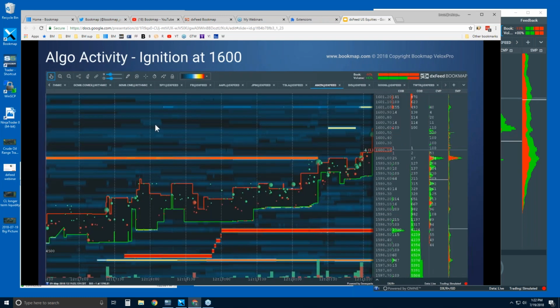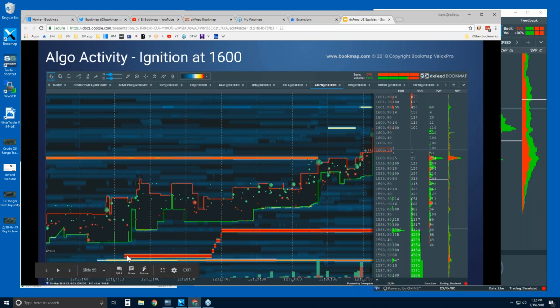Ignition algo. This is what you're able to see here with the depth of market since it's recorded. This is looking at Amazon, and that's $1,600 here, but right at the figure here, pretty high liquidity at 1,600.